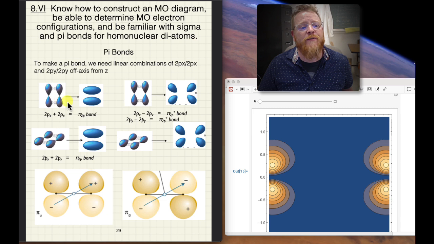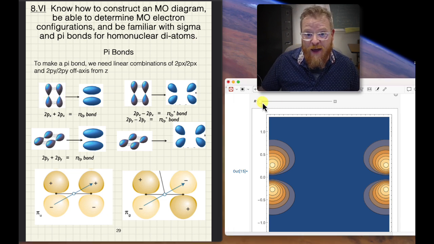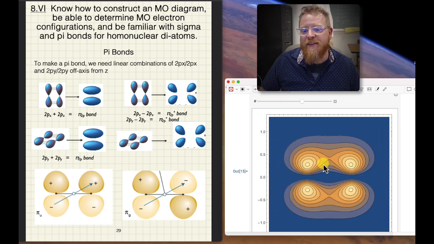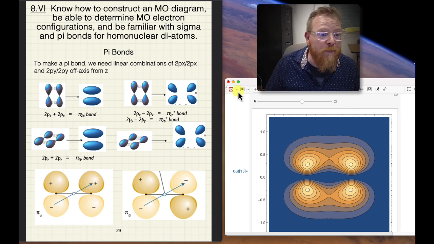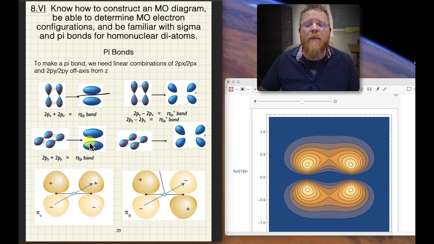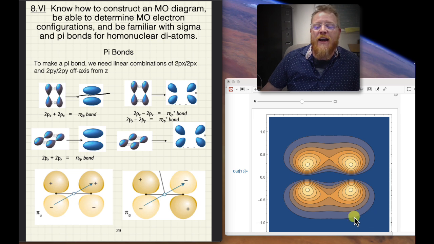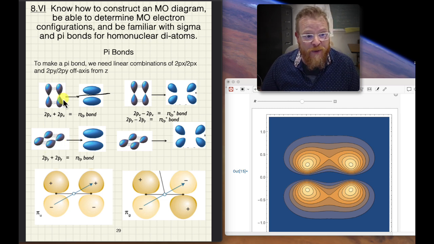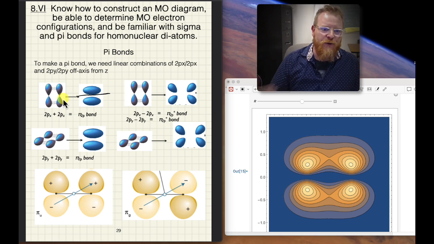For example, if I've got two 2px orbitals oriented in this way, and I bring them close together, as we can see here in my Mathematica simulation, I make these lovely pi orbitals, which are above and below the internuclear zone. Of course, this Mathematica simulation is just a two-dimensional representation. I don't have a way of pitching that in and out of the screen. So as we imagine, the 2py would do a very similar thing as the 2px, just rotated 90 degrees.